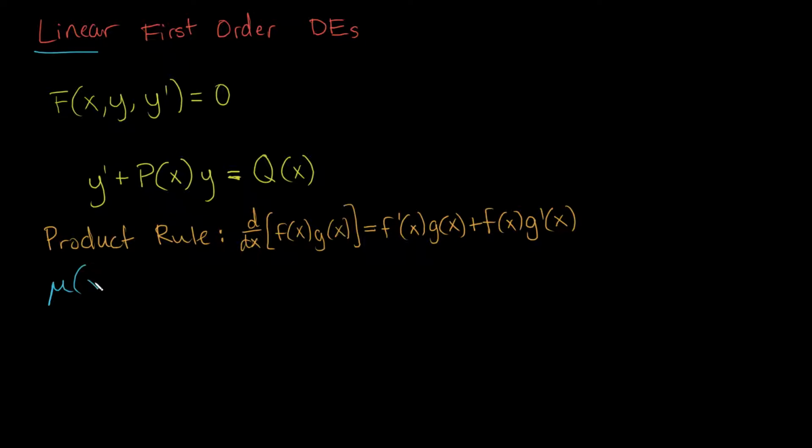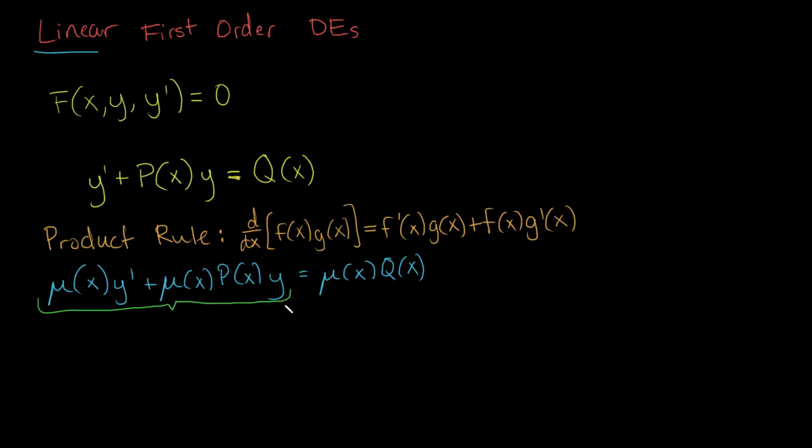Is there any function mu of x, magic function mu of x, such that if we were to multiply mu of x by both sides of the equation, so we have mu of x y prime plus mu of x times p of x times y equals mu of x times q of x. Is there any magical function, mu of x, such that if we multiply into both sides of the equation, the left-hand side becomes the product rule? Does such a function exist?